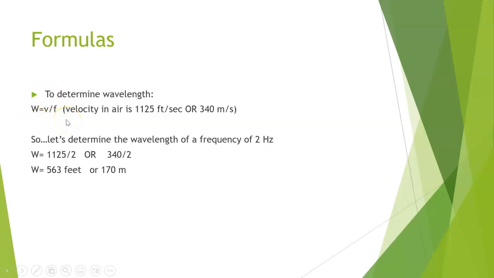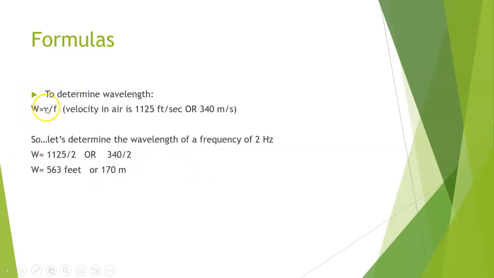I have done the calculations down here for a frequency that is 2 hertz, or 2 cycles per second. And we can measure the wavelength both in the standard system and in the metric system.